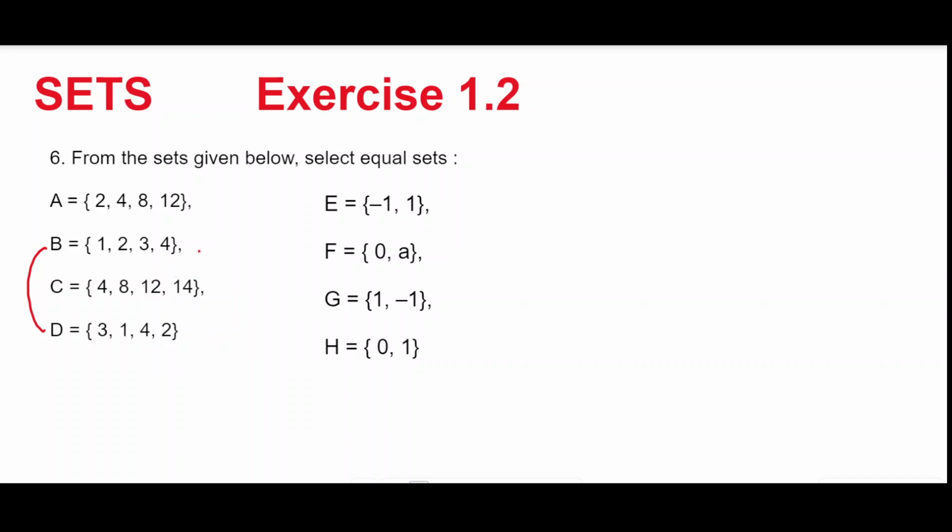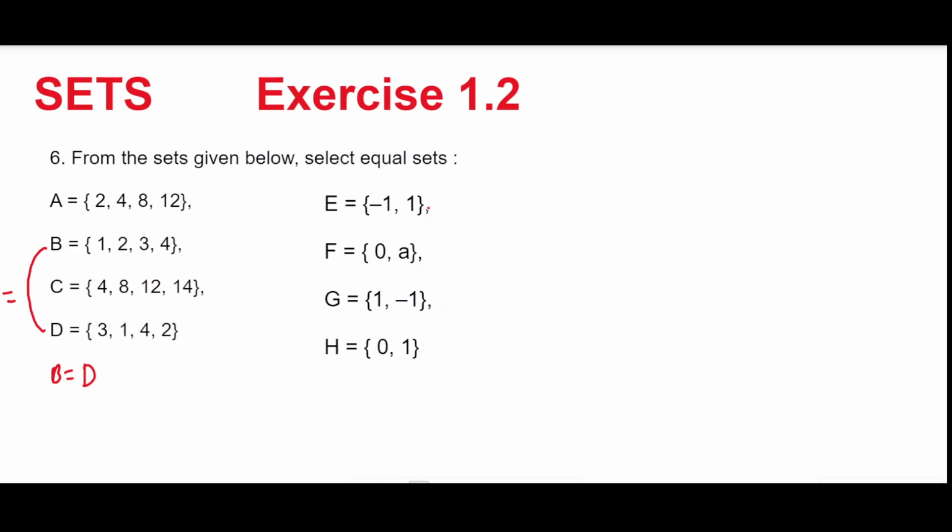Now here 2, 4, 8, 12, and there 4, 8, 12, but 14 is not available in A and 2 is not available in C. So this is not equal. But B equals D.